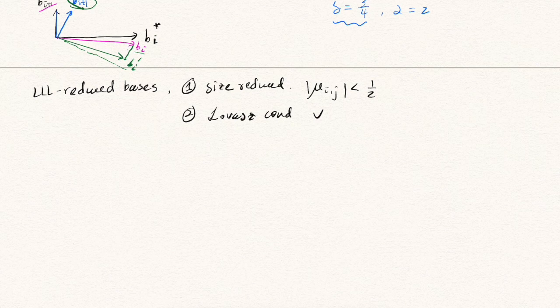This is what it means to be LLL reduced, and this will also be the output of the LLL algorithm. So it will guarantee this. Otherwise, it will keep swapping and reducing until both of these conditions are met.